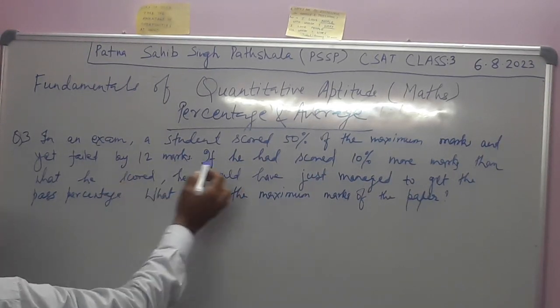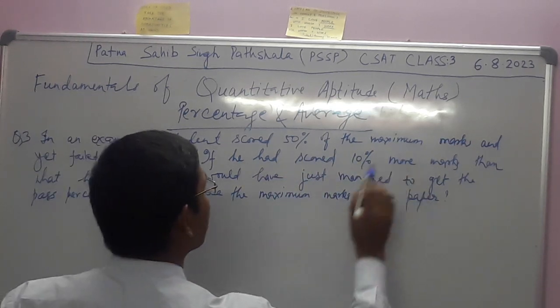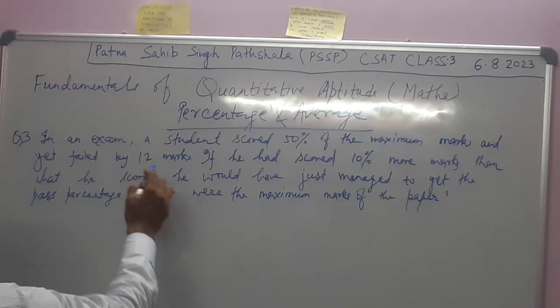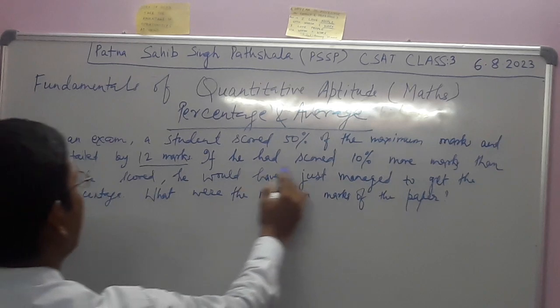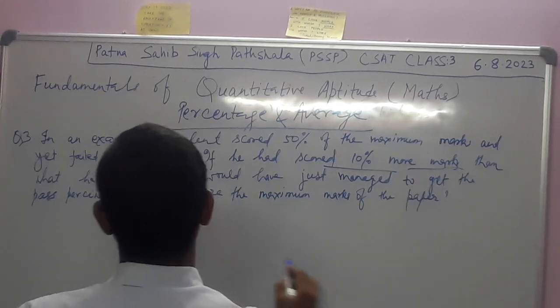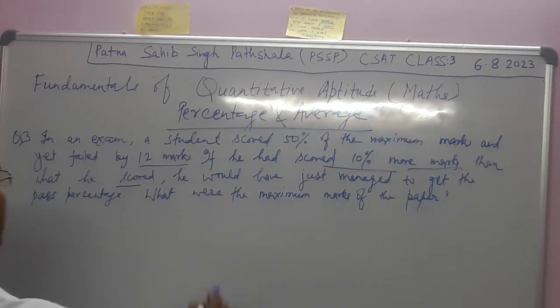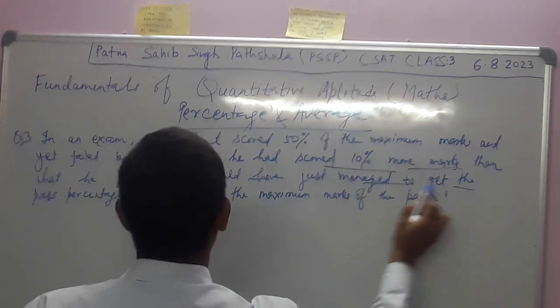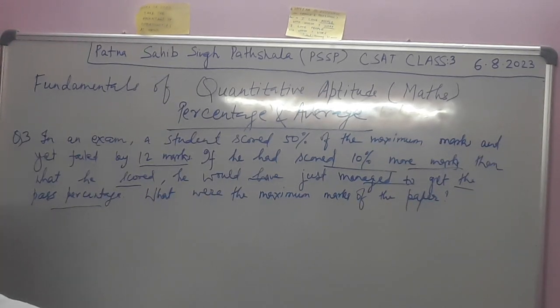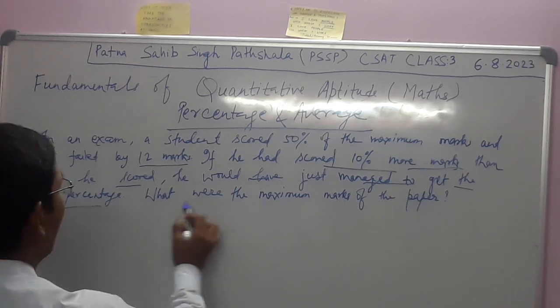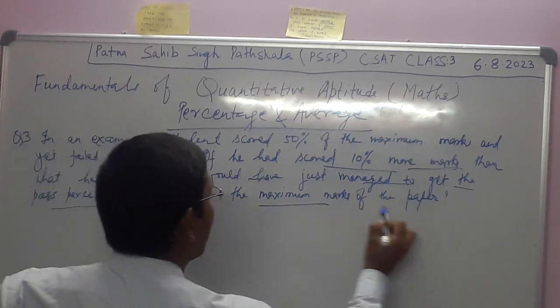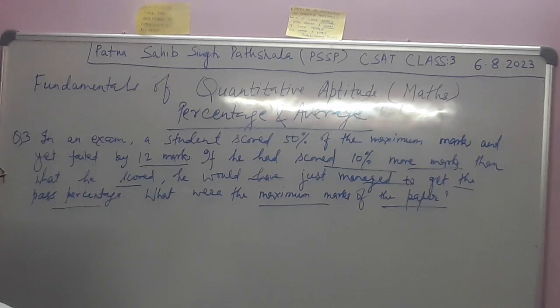So in an exam a student scored 50% of the maximum marks and yet failed by 12 marks. If he had scored 10% more marks than he scored, he would have just managed to get the pass percentage. What were the maximum marks of the paper? So we have to find out the maximum marks.